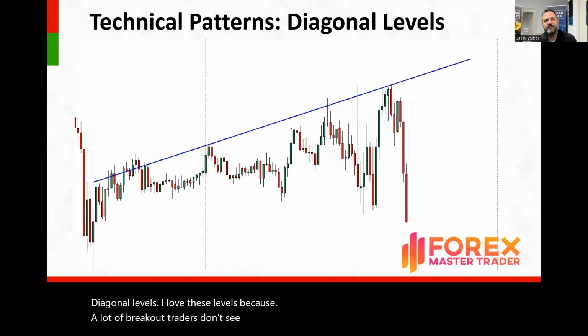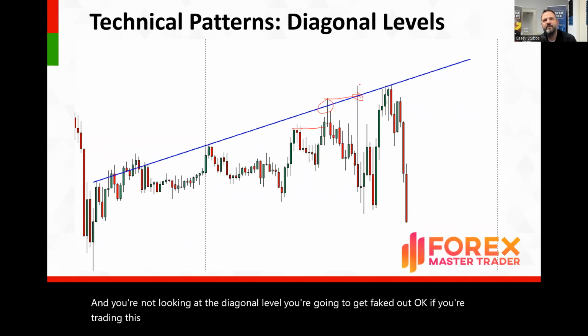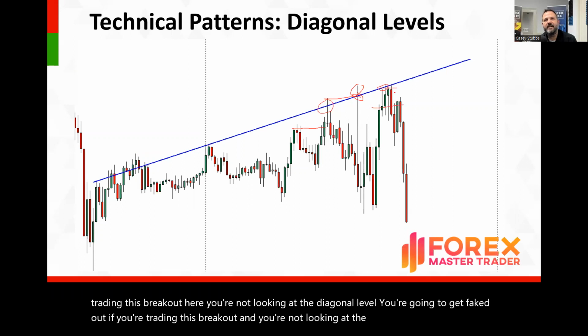Okay, so if you're trading a breakout right here and you're not looking at the diagonal level, you're going to get faked out. If you're trading this breakout here, you're not looking at the diagonal level, you're going to get faked out. If you're trading this breakout and you're not looking at the diagonal, or this breakout, you're going to get faked out.